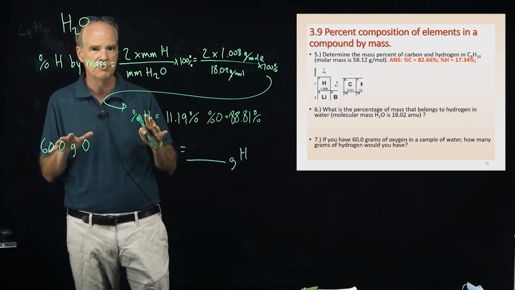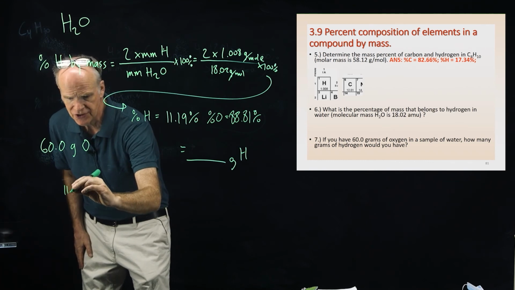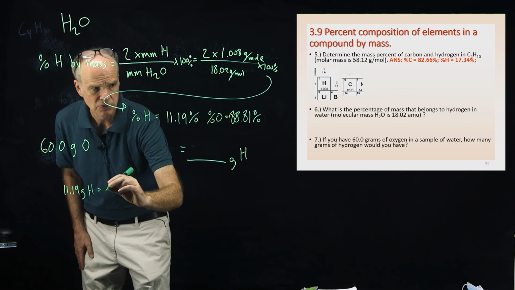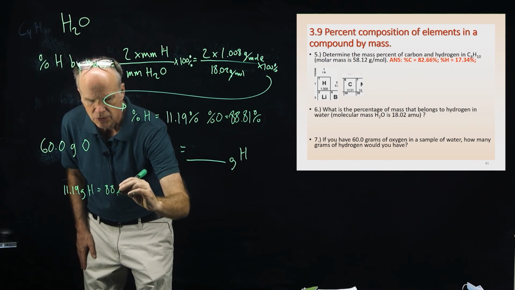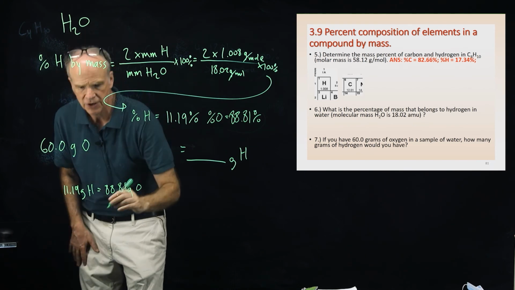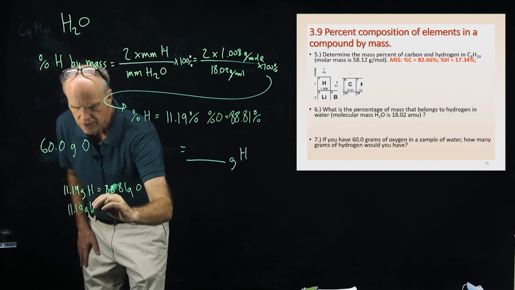So that is a proportionality you can use. I'll write this down here. 11.19 grams of hydrogen is equal to 88.81 grams of oxygen. So this could be used in this problem. And so you can write out fractions like this.